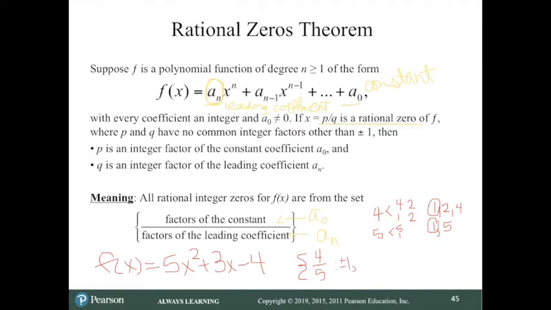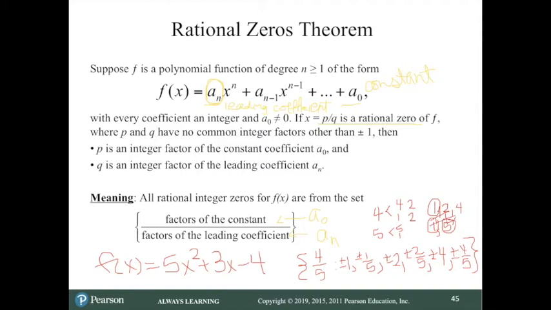We'll do 1 divided by 5, 1/5, still plus or minus. 2 divided by 1, 2 divided by 5, 4 divided by 1, or 4 divided by 5. So it's not just the one fraction, it's all of the factors of the numerator divided by all of the factors of the denominator. So 1 over 1, 1 over 5, 2 over 1, 2 over 5, 4 over 1, 4 over 5.